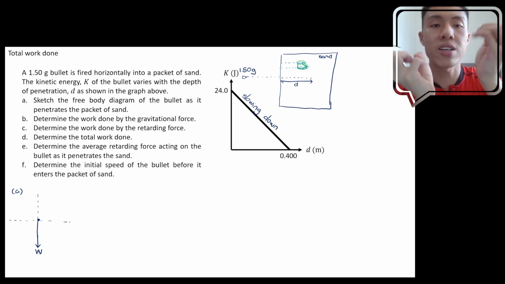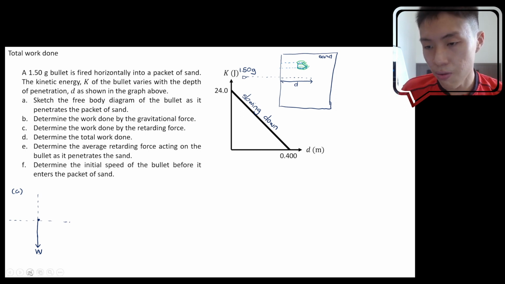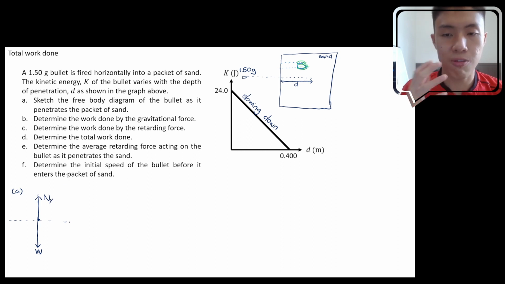So we just summarize it into one component of normal pointing in the y component, one component of normal pointing in the x direction. So if we say it like this, we know that the normal in the y component should probably point upwards. Why should it be pointing upwards? It's because if the normal is pointing downwards and the weight is pointing downwards, definitely the bullet cannot be straight anymore.